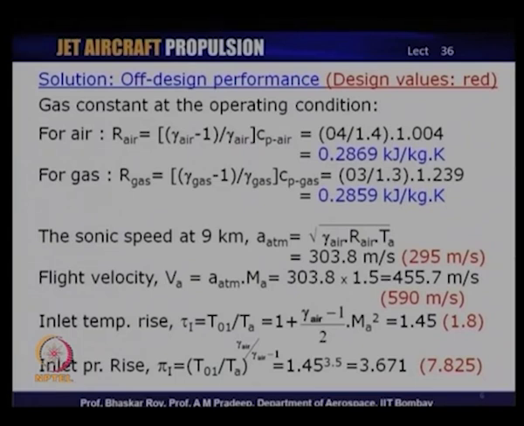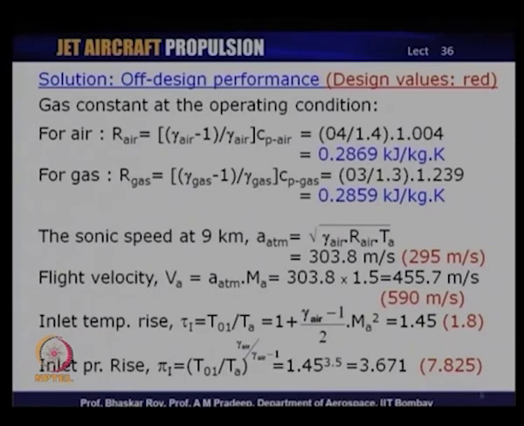This ram pressurization is now 3.671 for the off design operating condition, which at design point was much higher at 7.825. So, as we can see, there is a big difference between the design point and the off design ram pressurization, or the ram effect that is happening across the intake of the engine.